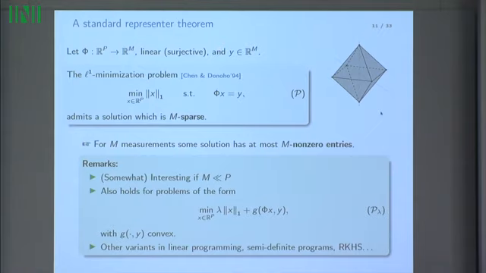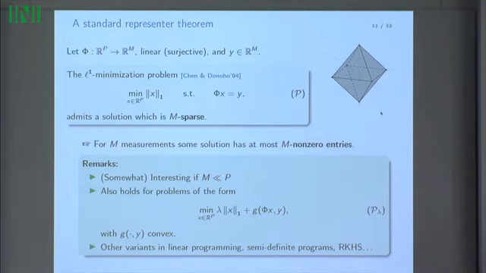I have m measurements y that are given through a measurement operator phi. And I'm just looking at the solution of minimum L1 norm such that I have equality constraint to my measurements. I can show that this problem, the basis pursuit problem, admits a solution which is m-sparse, where m is really the number of measurements that you got. Okay? So, of course, it's interesting if m is less than the ambient dimension of my vector.